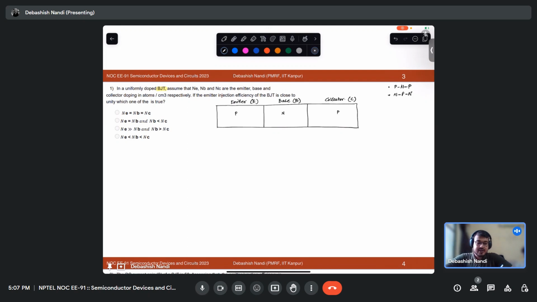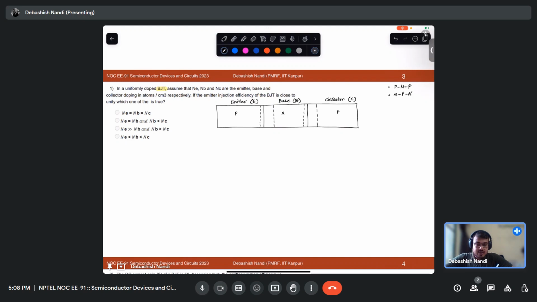So what happens generally? If a PN junction is there, it will form a depletion region around the junction, if we give it sufficient time to equilibrate. Similarly, there will be another depletion region around this one.